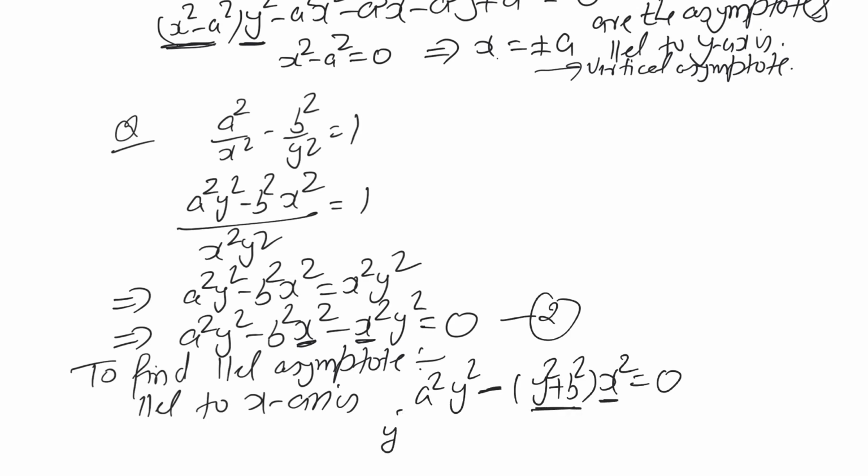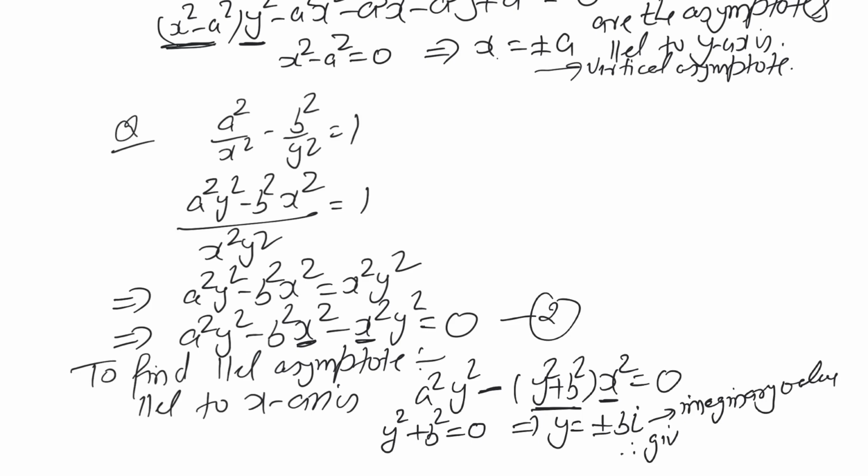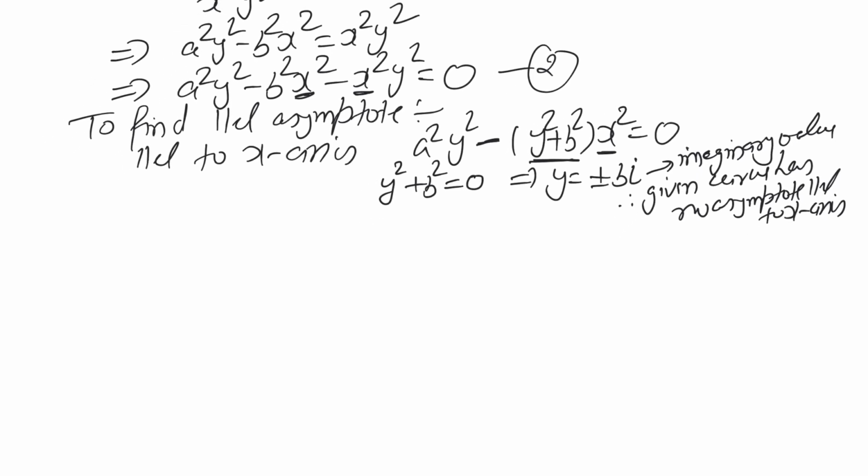So we equate this coefficient to 0 to find the asymptote parallel to x-axis. This implies that y is equal to plus minus a. Therefore, the given curve has no asymptote parallel to x-axis. Next, we shall see the asymptote parallel to y-axis.